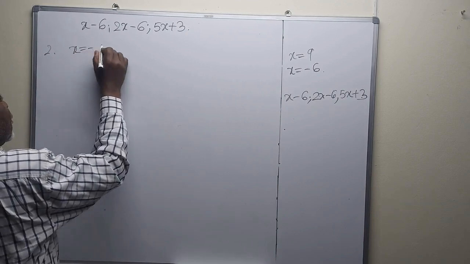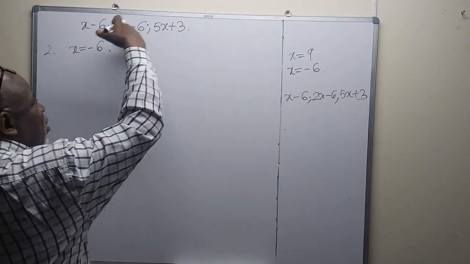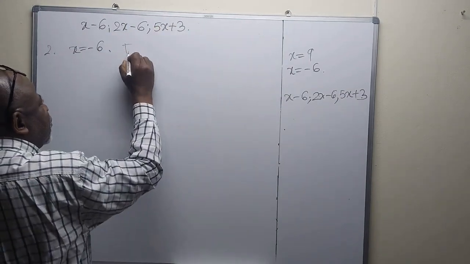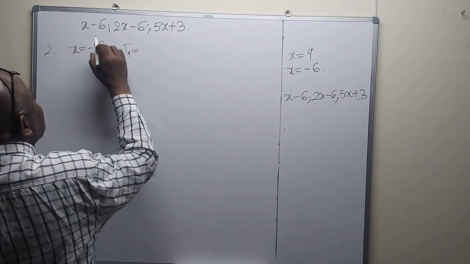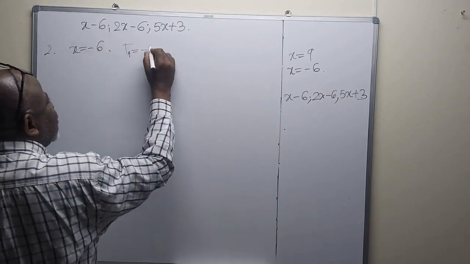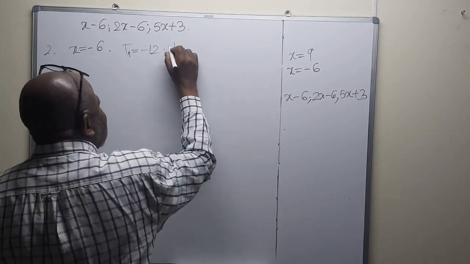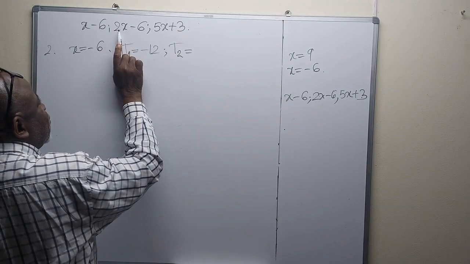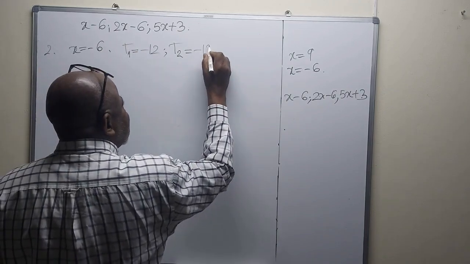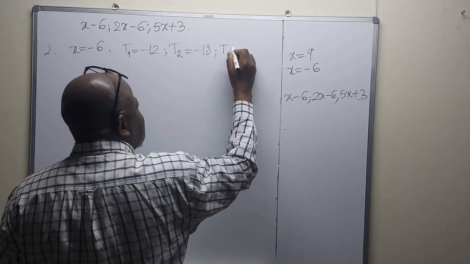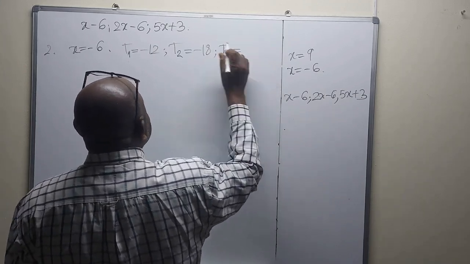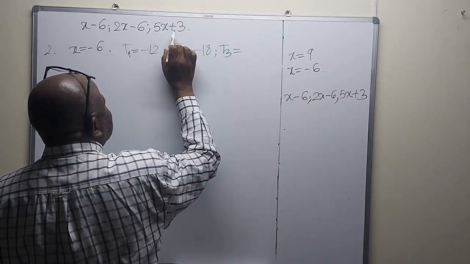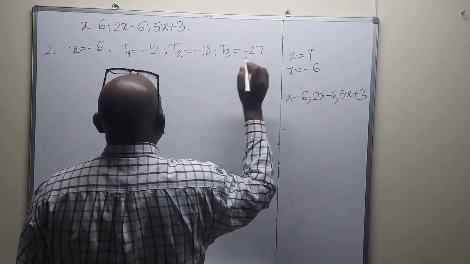So T1 is −6 − 6, which is −12. T2 is −12 − 6, which is −18. And term number 3 is −30 + 3, which gives −27.